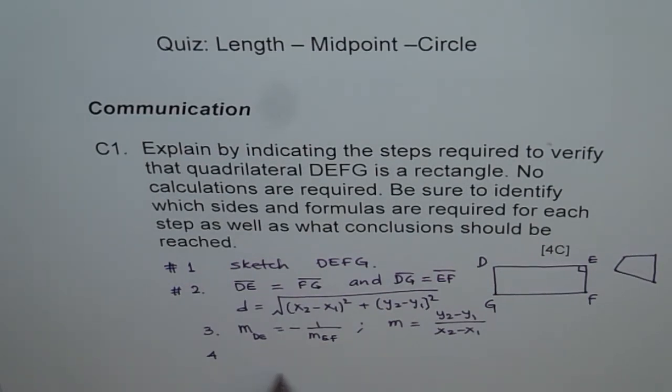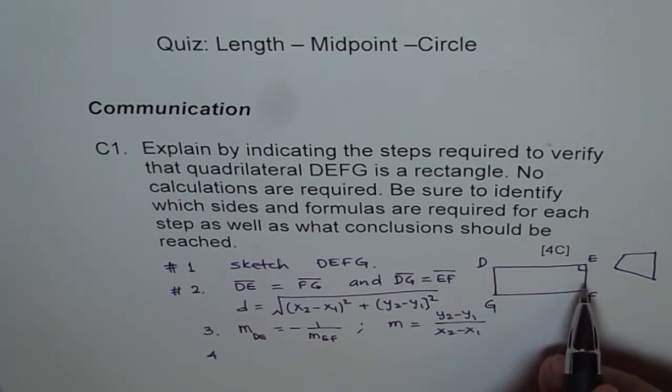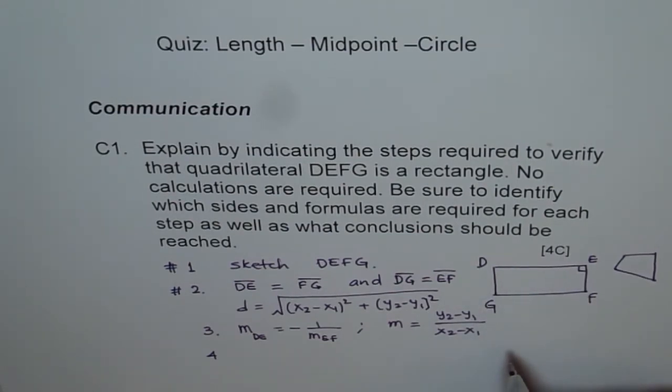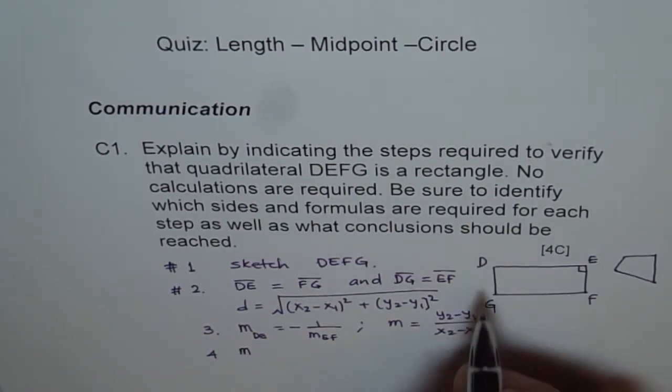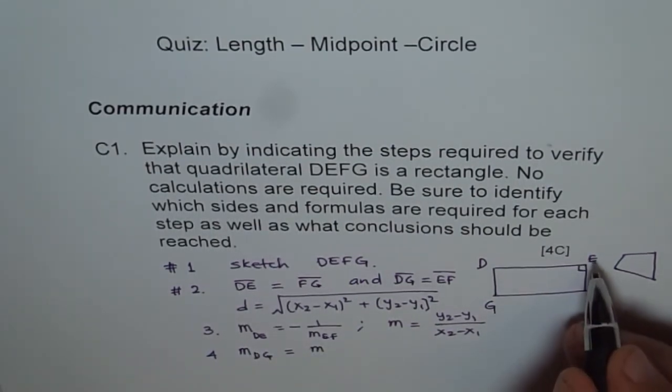Or now we can show that these sides are parallel. So we can say that DG and EF are parallel. How do you show that? We say the slope of DG is equal to the slope of EF.